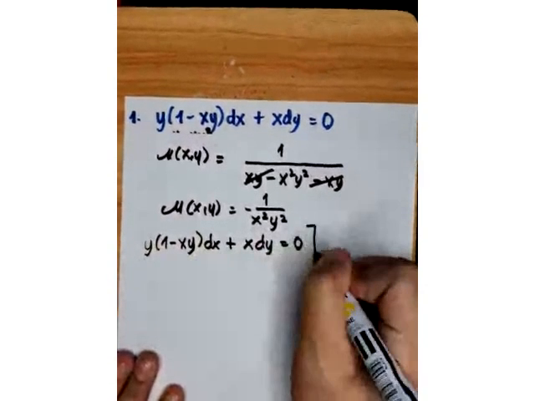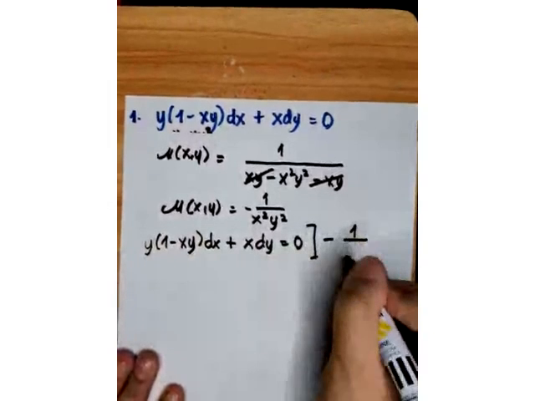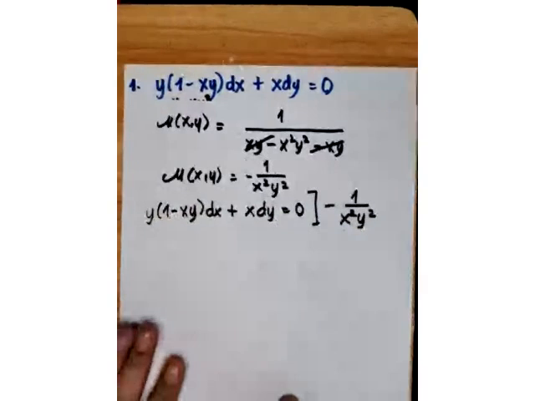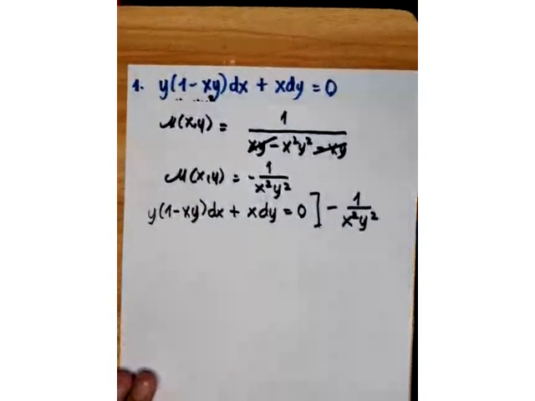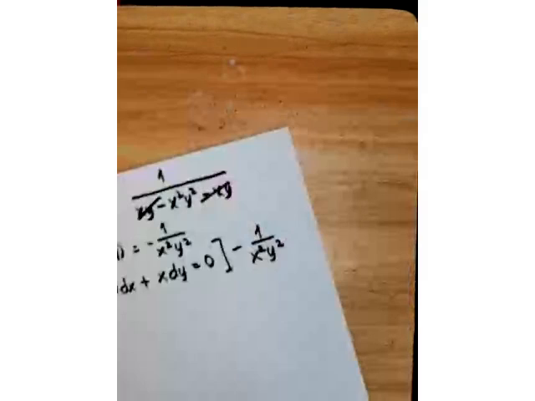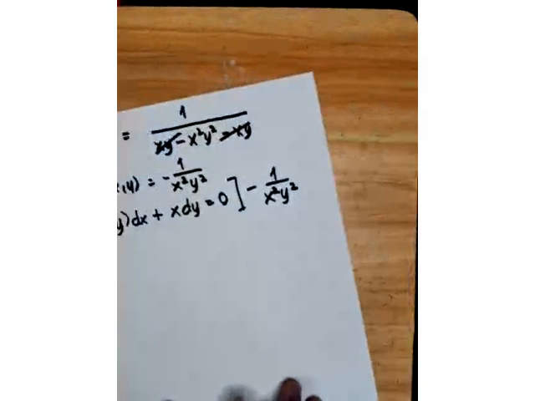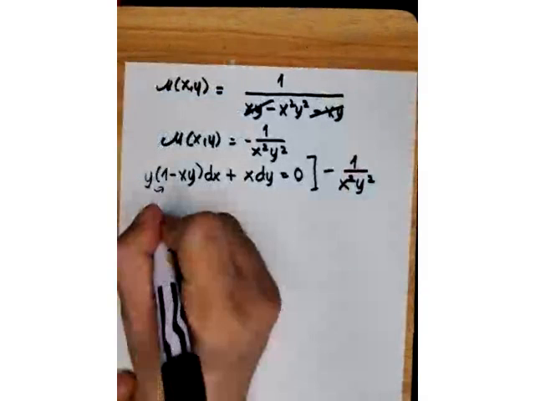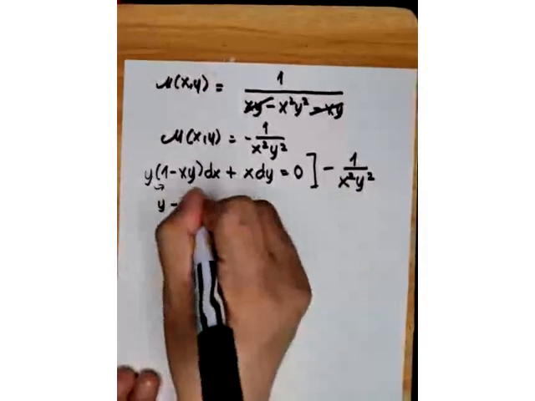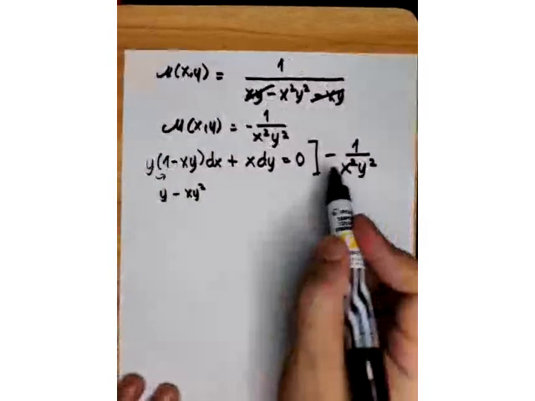Let's multiply it by negative 1 over x squared y squared. Okay, class, let's distribute this again. So this will be y minus xy squared.